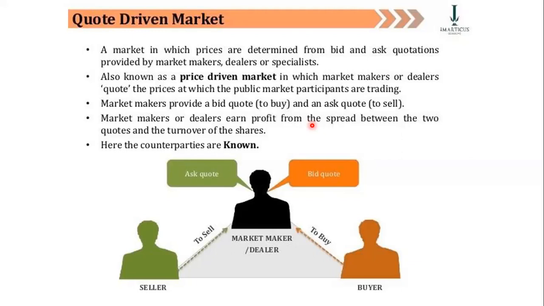On the other hand, Mr. B has already informed the broker that he is going to sell shares. So both the seller's information and the buyer's information are available with the market maker, the broker, and he makes profit. How can he make profit? He buys the stocks at a lower price and sells the stocks at a higher price.